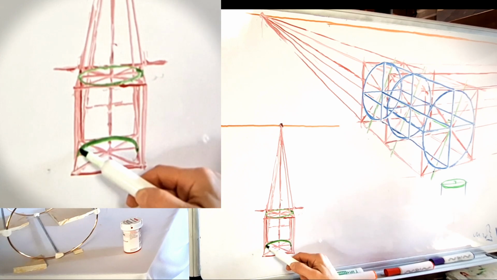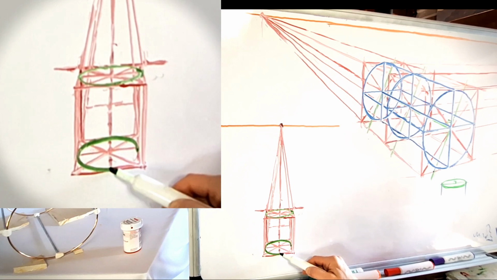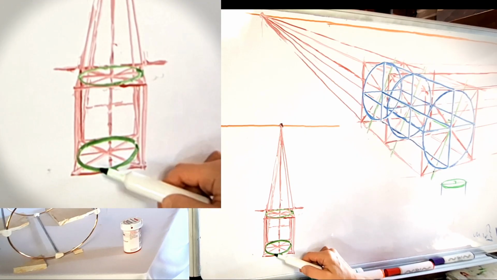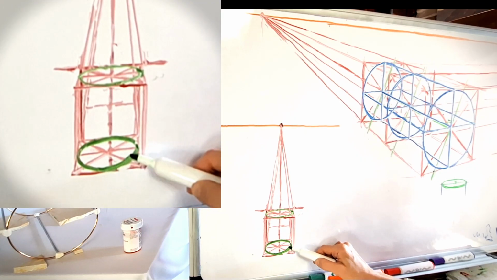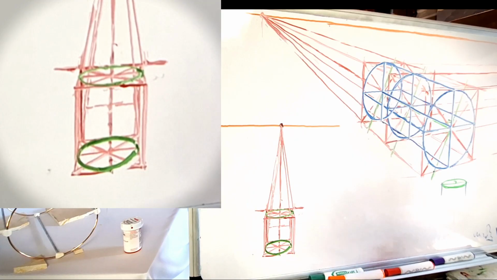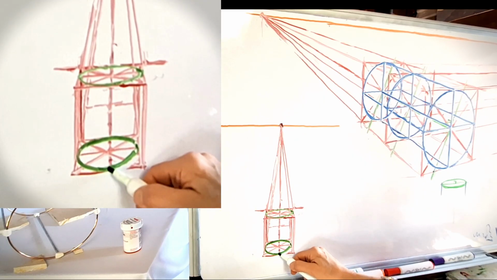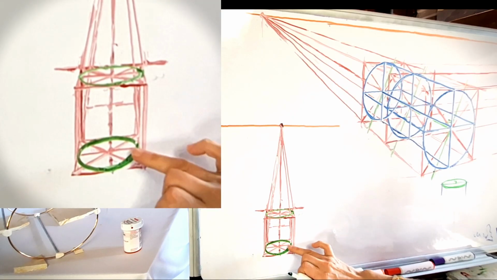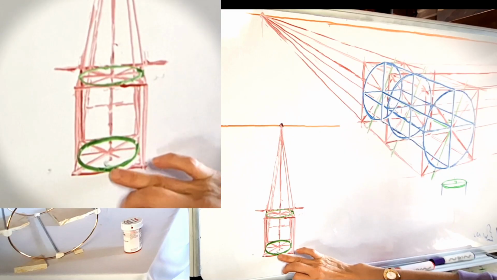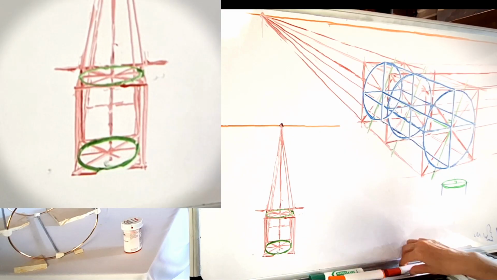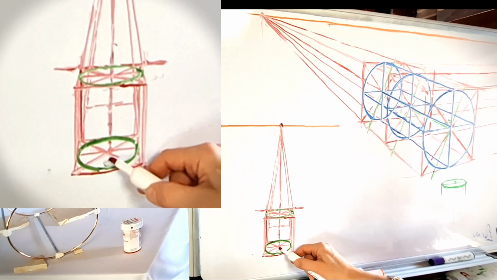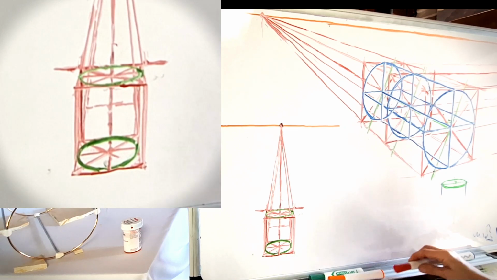And as you can see, because of the perspective, the bottom is much more open. And that's not the actual elliptical of the cylinder itself. Not quite yet, but we're getting there. It's close.